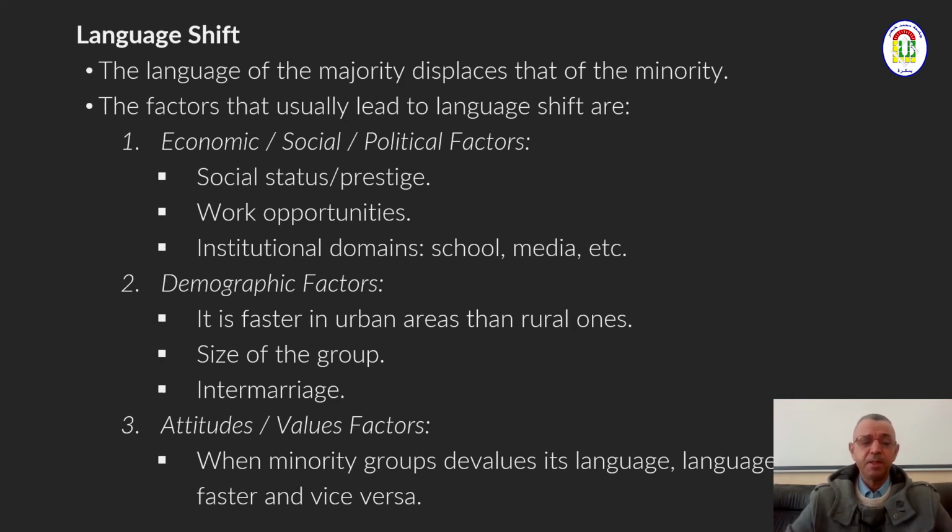The language extinguishes, and it can be reduced until it dies. This is because of the values and the attitudes.